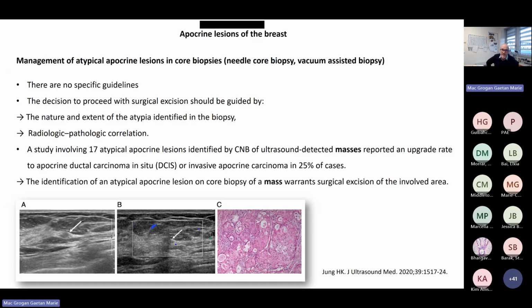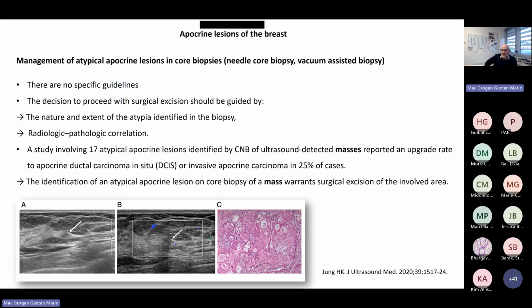So how do we manage atypical apocrine lesions in core biopsies? Unfortunately, there are no specific guidelines to my knowledge. The decision to proceed with surgical excision should be guided by the nature and extent of the atypia identified in the biopsy and radiological and pathological correlation. I found one study involving 15 atypical apocrine lesions identified by core needle biopsy of ultrasound detected masses.